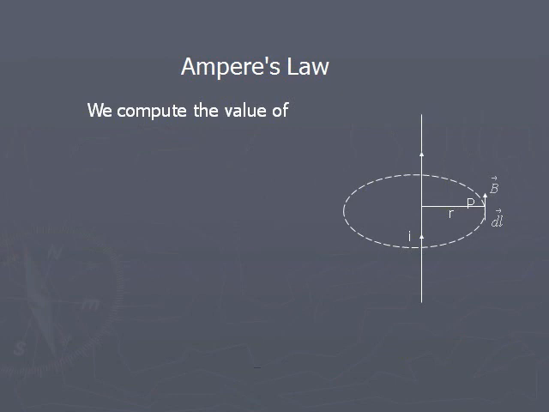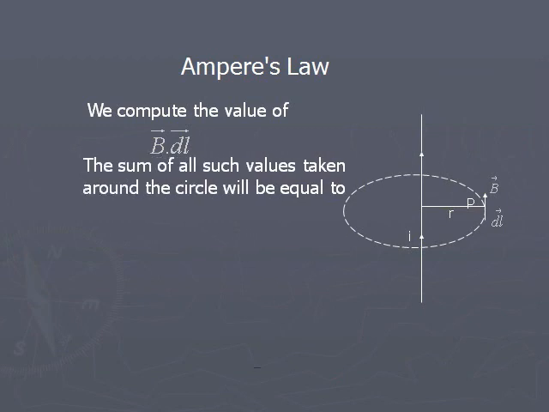Divide the entire conductor into small elemental lengths and determine the values of B bar dot dl bar. By adding all of them, we will get mu naught times the current in the conductor.